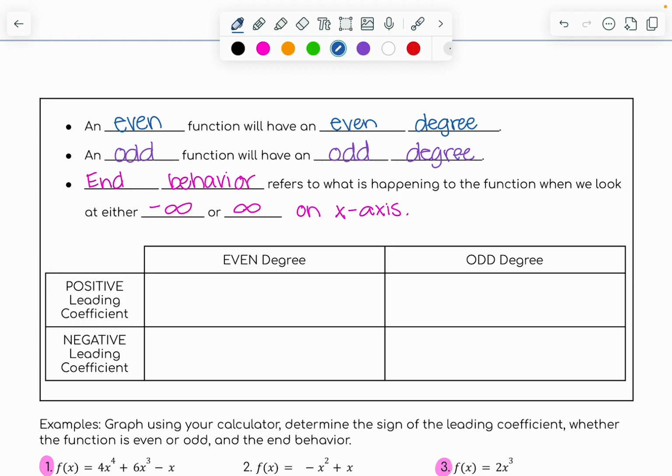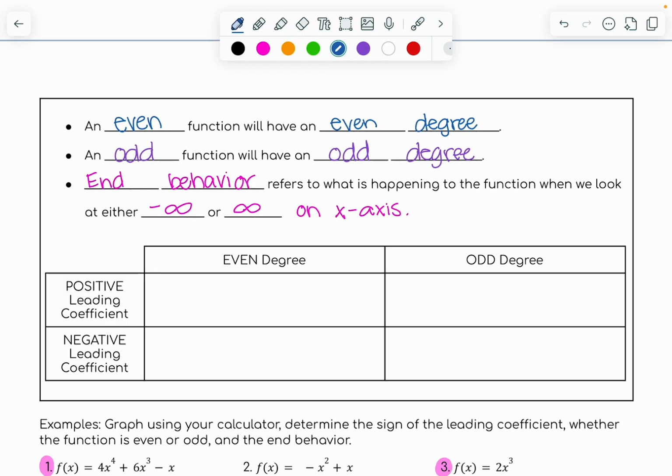So when we talk about an even degree, even functions, they go the same direction on the ends. And this may not make a lot of sense right now, but when we start to do some practice problems, I will show you what the graphs of them look like, and we'll talk about the way that they're shaped and how one side goes up, one side goes down, or they both go up, or whatever.